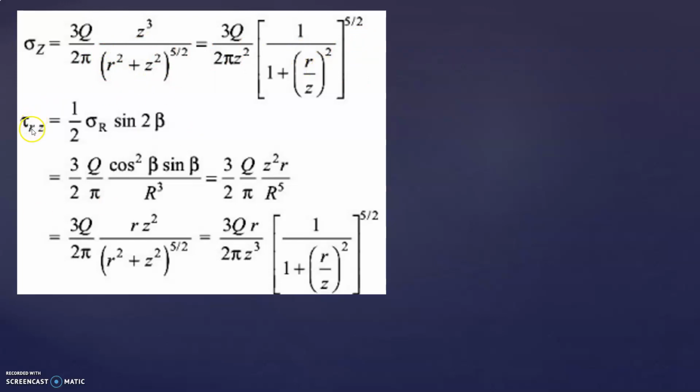Then tau, that is nothing but shear stress, can be calculated by using this equation: 3Q divided by 2 pi into r into z square divided by (r square plus z square) to the power 5 by 2, that is equal to 3Qr divided by 2 pi z cube into 1 divided by (1 plus (r divided by z) whole square) to the power 5 by 2.